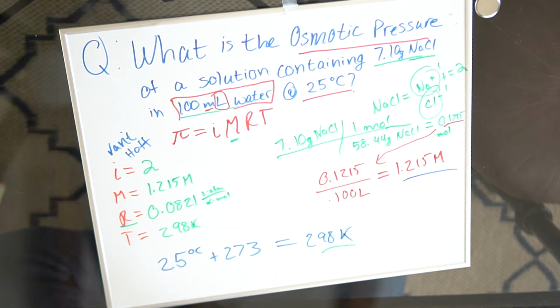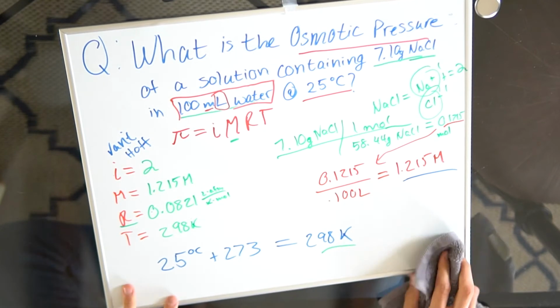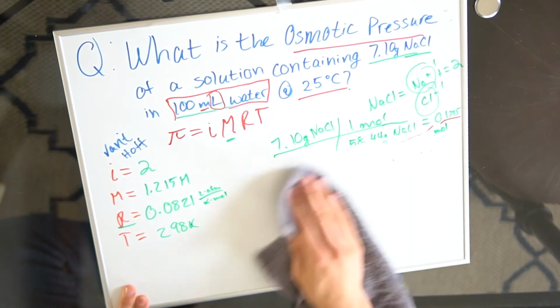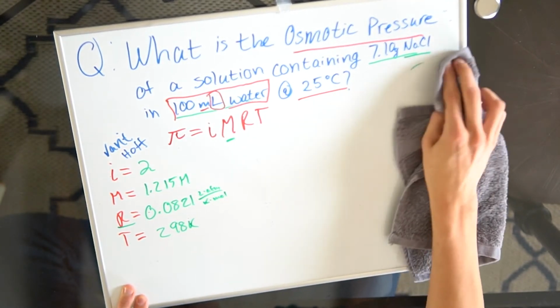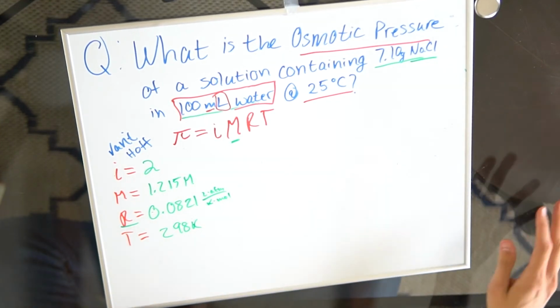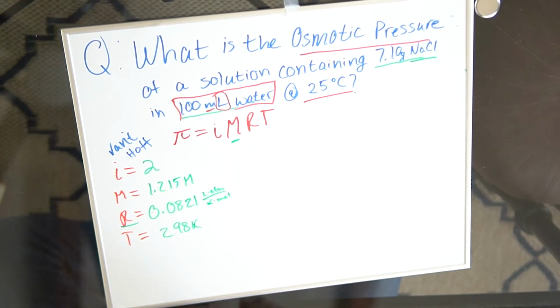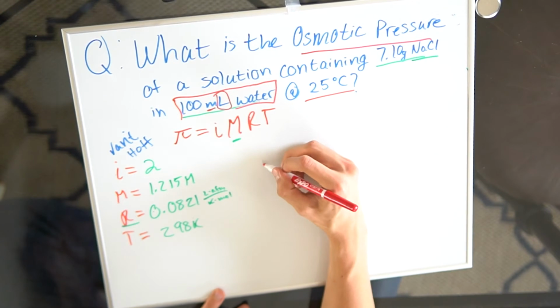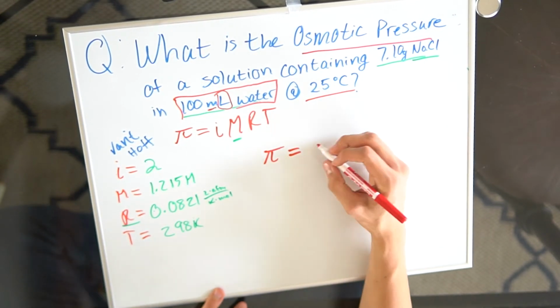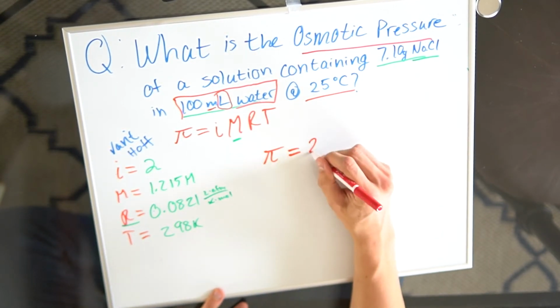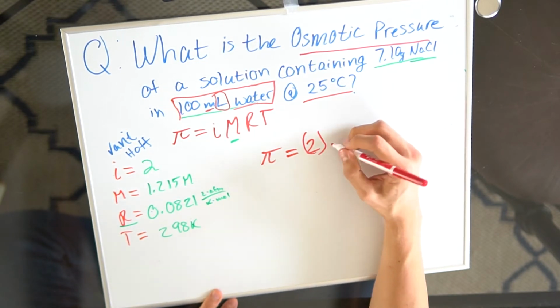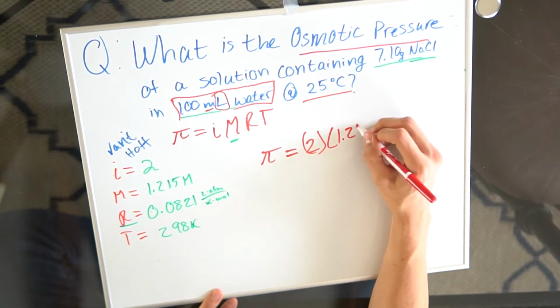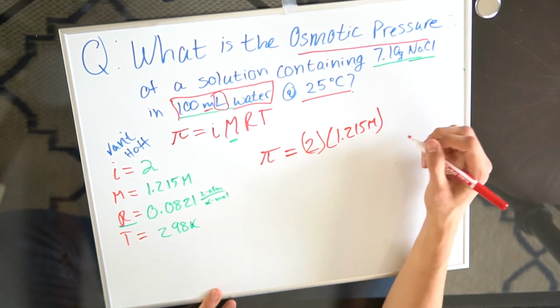All right, now that we have all these values, let's get a clean slate. Okay, and now all we have to do is plug and chug. So we have π, our Van 't Hoff factor was 2. Our M was 1.215 molarity.